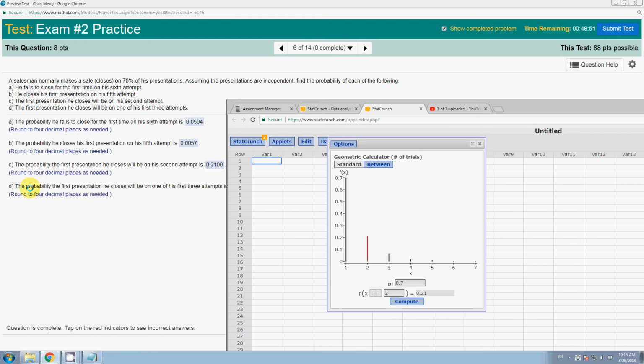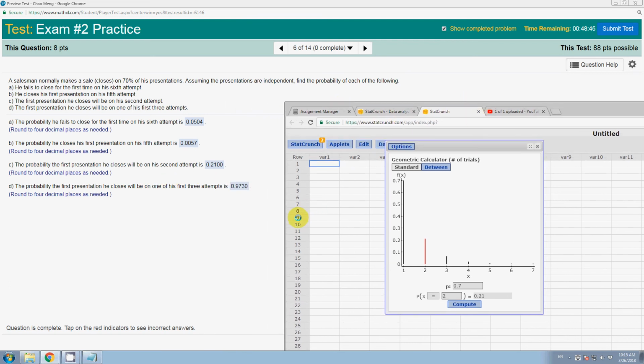Part D was the probability that the first presentation he closes will be on one of his first 3 attempts. That's going to be interesting. So still the probability of success is 70%. Which one should we choose? One of his first 3 attempts. What does this mean?